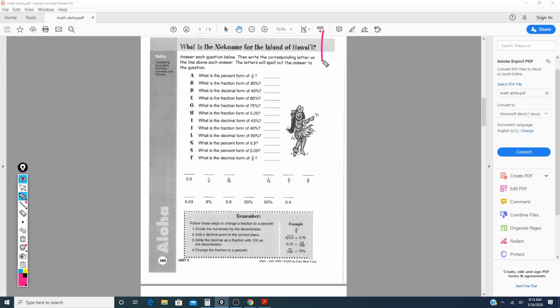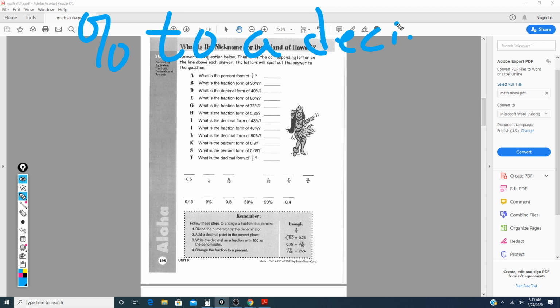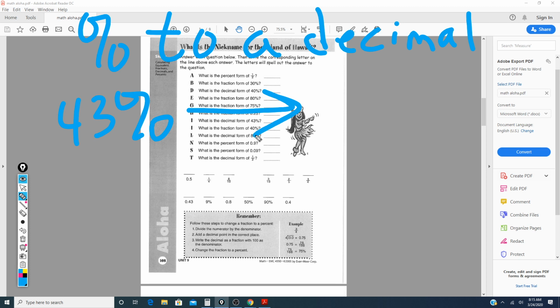Just remember, percent to a decimal. So if I had 43% changed to a decimal, all you're doing is moving the decimal.